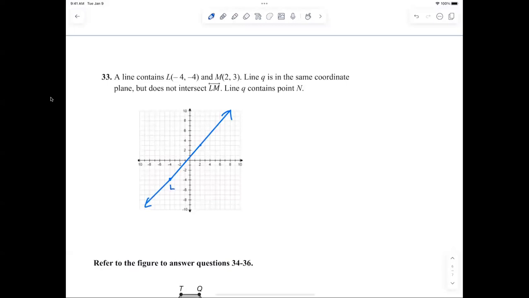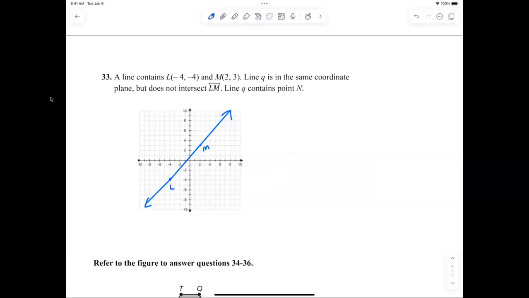So label this L, label this M. Line Q is in the same coordinate plane, but does not intersect LM. So it must be parallel. Yes, it must be parallel. And then line Q contains point N.